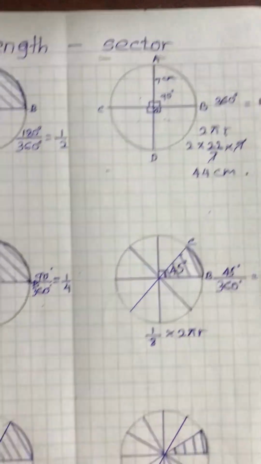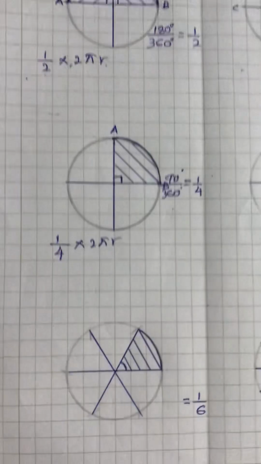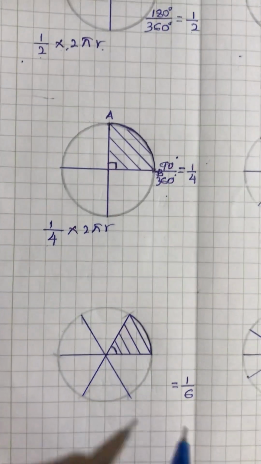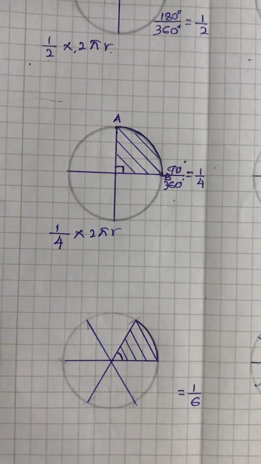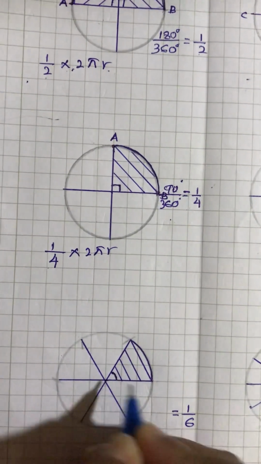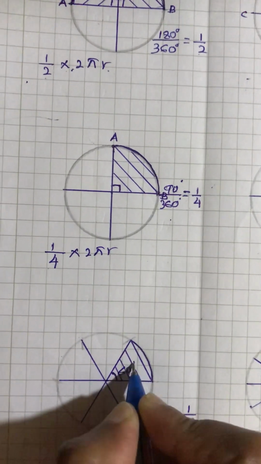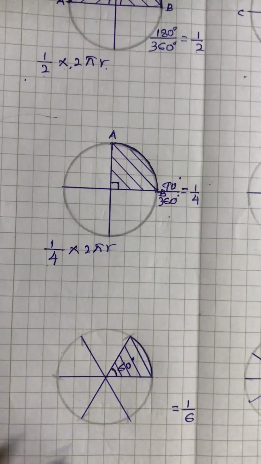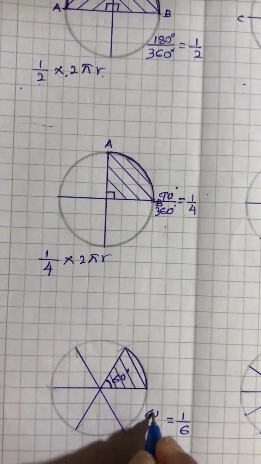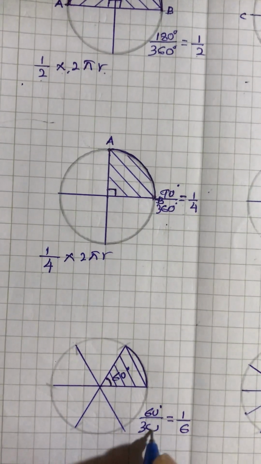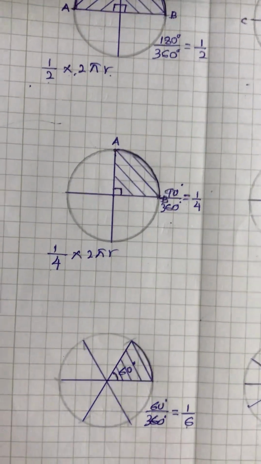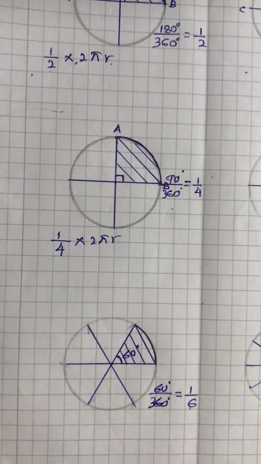Right? And let's move to the next picture, that is 1/6 of the circle. Let's see why it is 1/6, because it is 60 degrees here. So 60 degrees out of 360 is 1/6 of the circle.